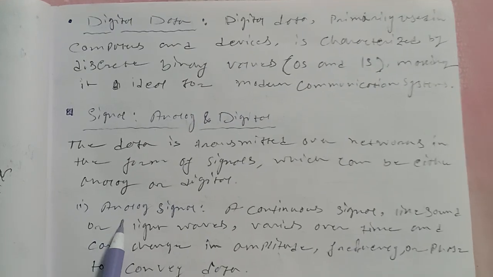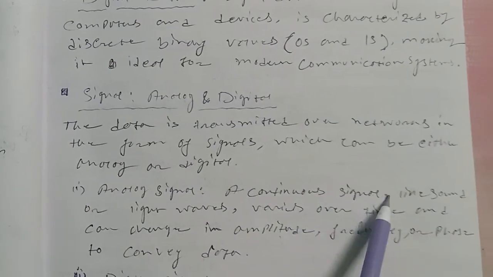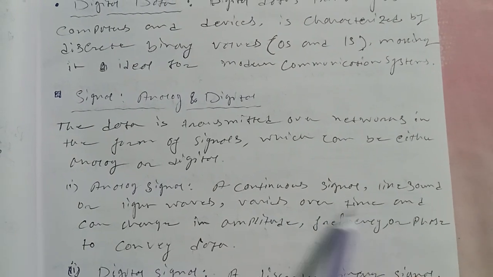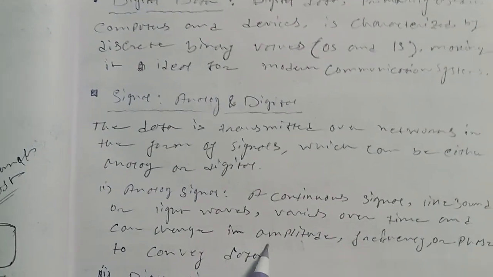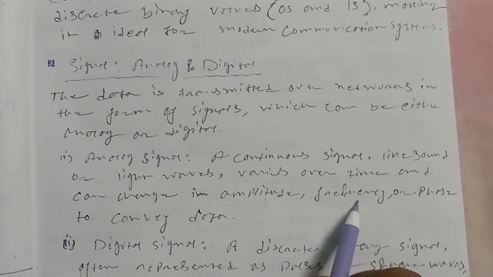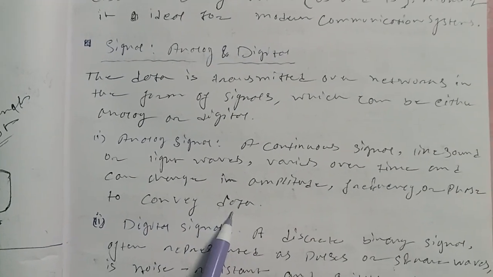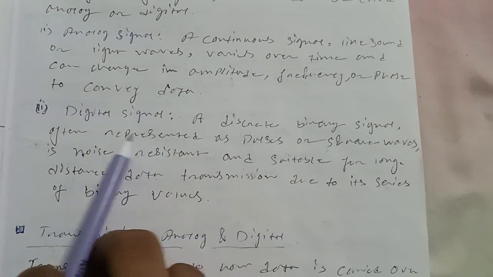Let's see what is an analog signal. A continuous signal like sound or radio waves varies over time and can change its amplitude, frequency, or phase to convey data. Then we have digital signals.